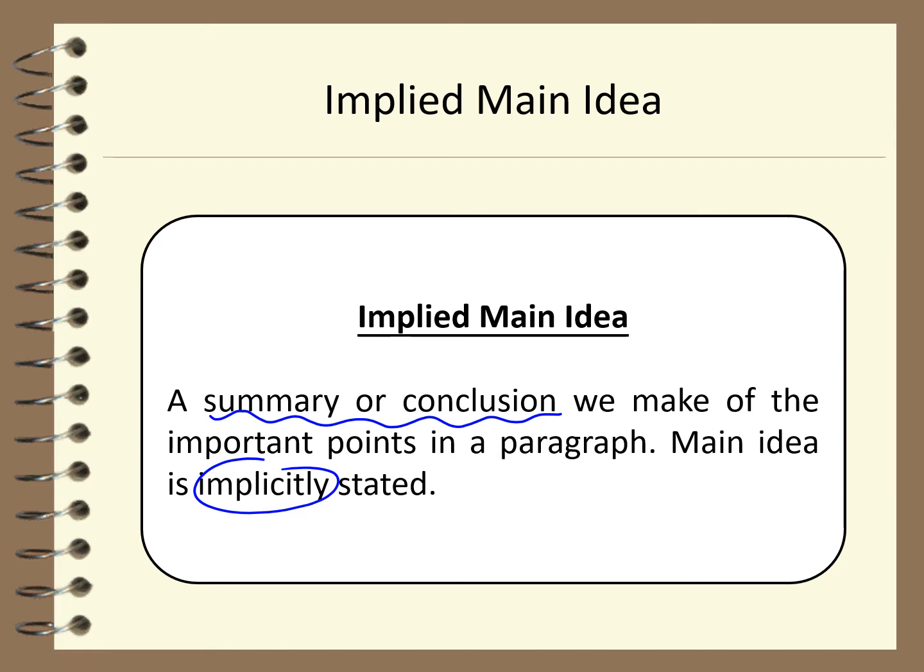Implicitly means not clear, not obvious. So what are you supposed to do if it's not clear or not obvious? You need to make a summary or a conclusion of the main important points in the paragraph. So basically, you need to come up with a main idea that summarizes or concludes what the paragraph wants you to know.